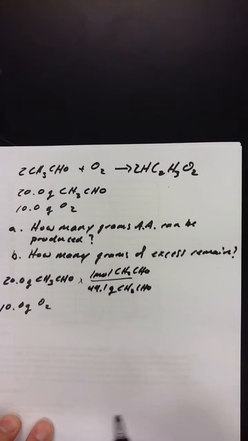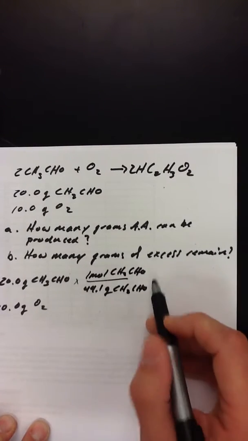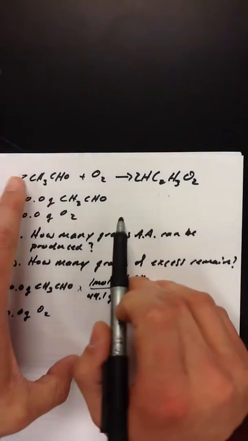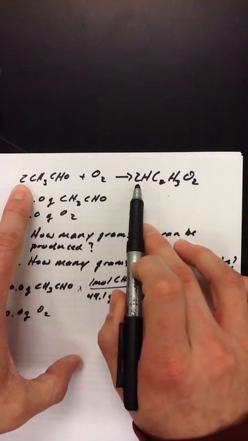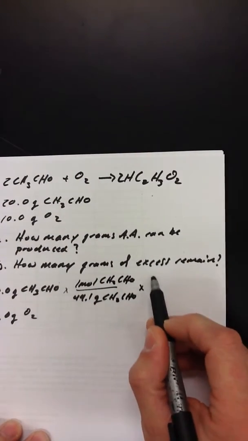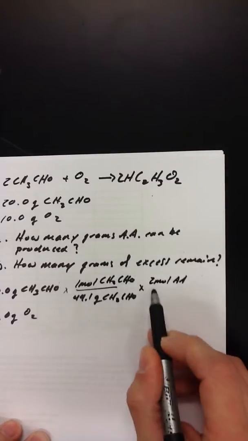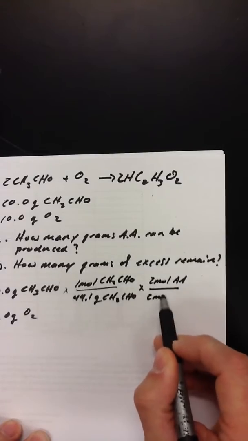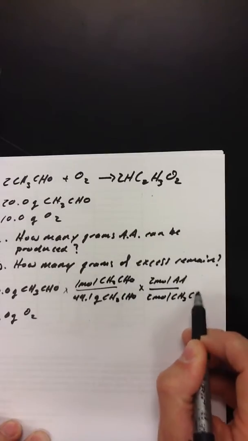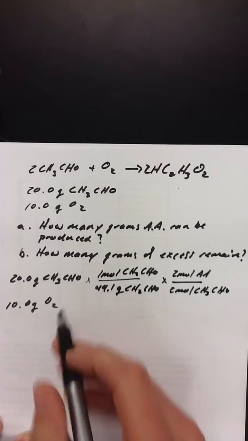Then we need to convert from moles of acetaldehyde to moles of acetic acid. From the balanced equation, we notice we have a 2-to-2 ratio, or in other words 1-to-1, but we'll go ahead and write 2-to-2. So 2 moles of acetic acid are produced for every 2 moles of CH3CHO that get used. We'll do the same thing with oxygen.